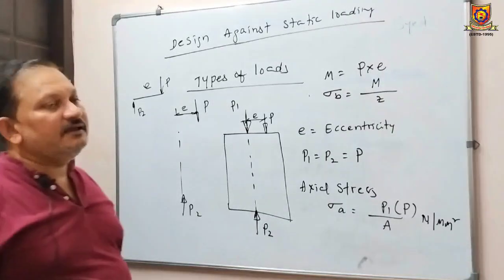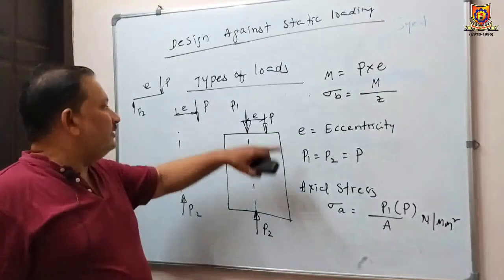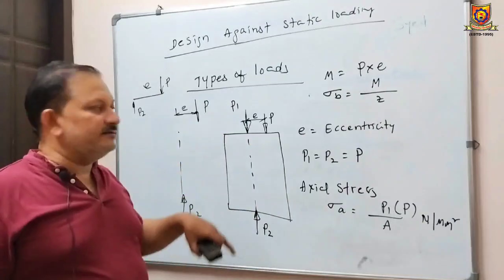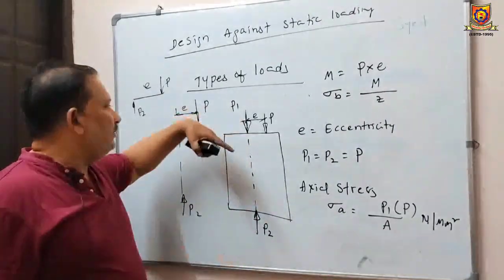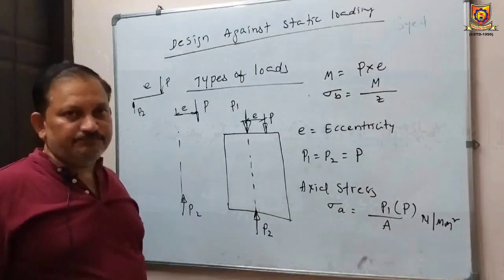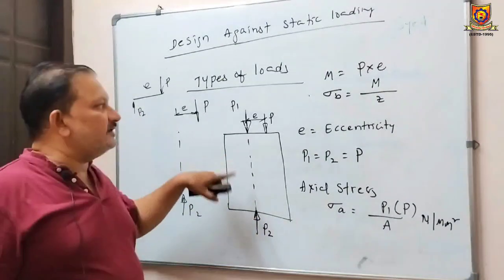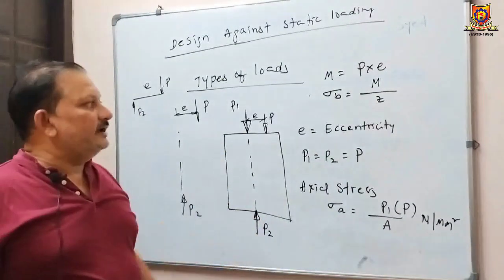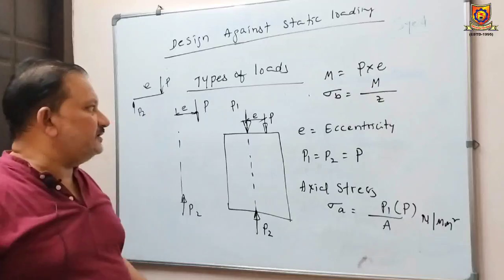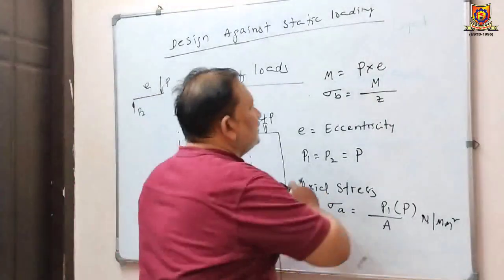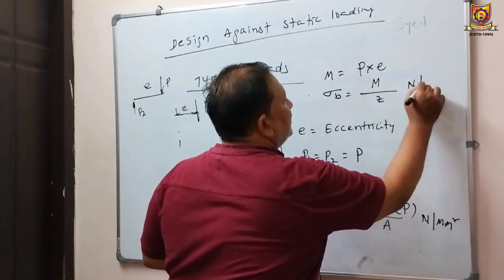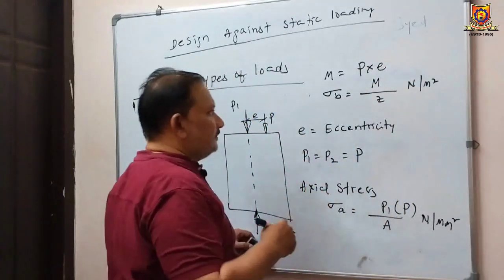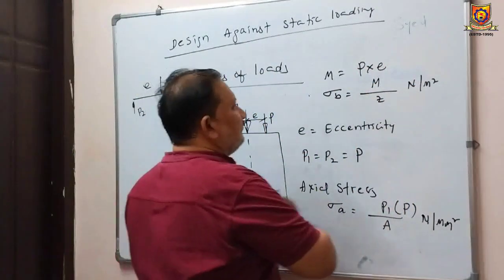We have to calculate the section modulus depending upon the geometry of the cross section. Based on this cross-sectional geometry, we can calculate Z. So this we can calculate in Newton per meter square or millimeter square.